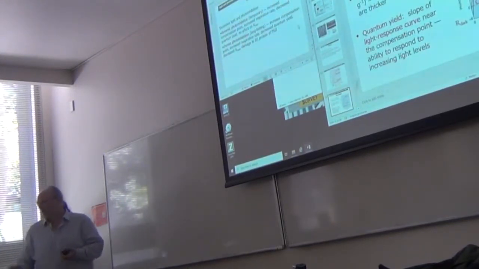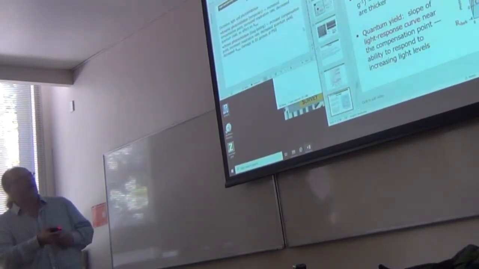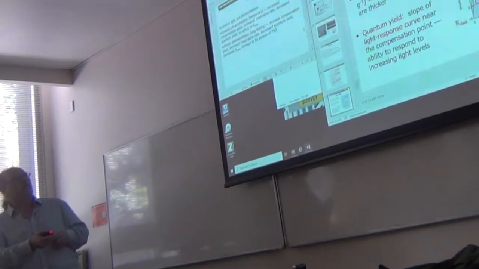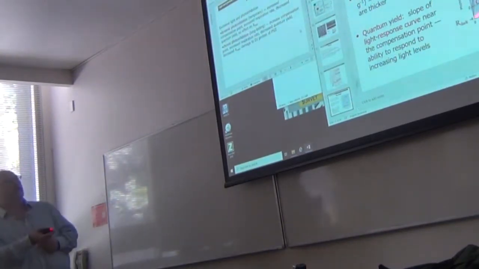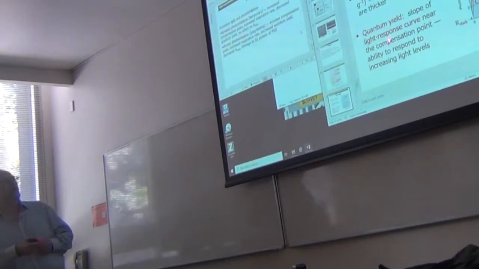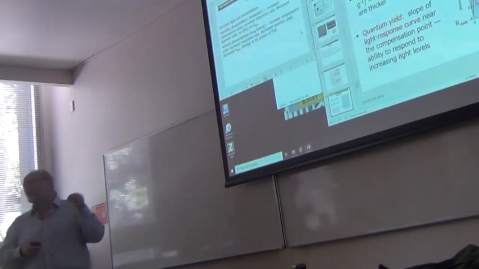The key concepts from this part of the lecture, which we've already gone over, we have maximum photosynthesis, compensation point, where photosynthesis and respiration compensate each other, and dark respiration. Quantum yield, which we talked about a lot during the first half of this subject, is the slope of this curve at low light.